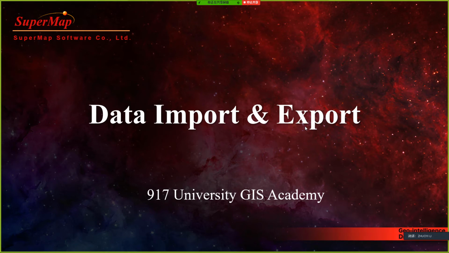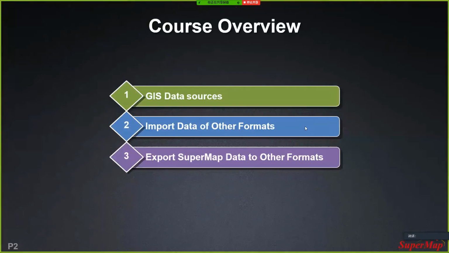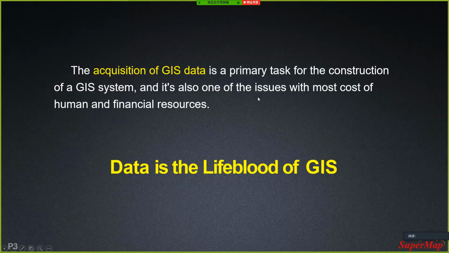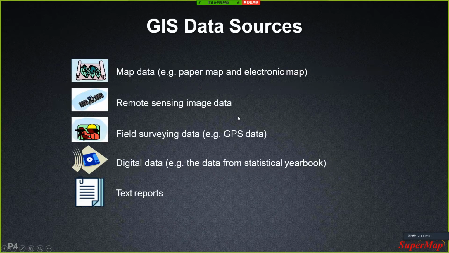Okay, let's start with the GIS data source. Data is the lifeblood of GIS, and the acquisition of GIS data is a primary task in the construction of a GIS system. So it's also one of the issues with the most cost of human and financial resources.